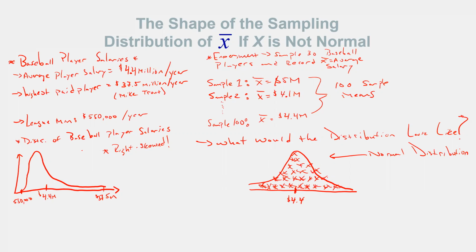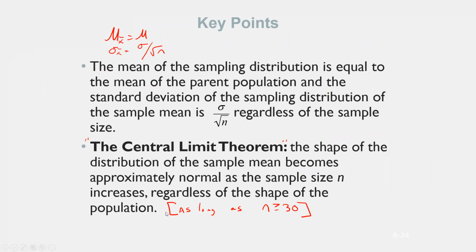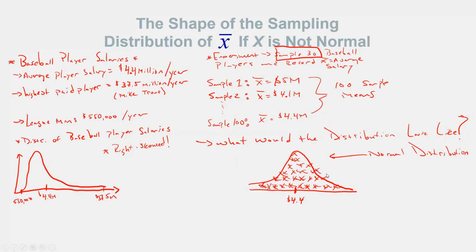So even though I sampled from a non-normal distribution that was right skewed, like baseball player salaries, if I used a sample size of at least 30, which is what the central limit theorem says, as long as the sample size is greater than or equal to 30, the distribution of those sample means would be normally distributed. And the mean of these averages was still equal to the population mean, which is crazy.